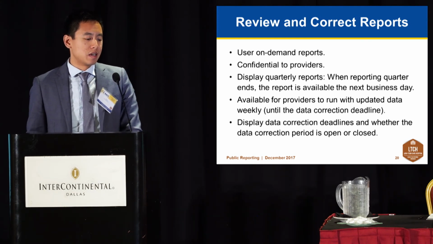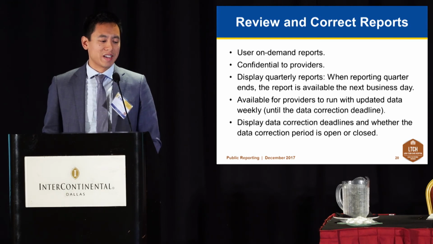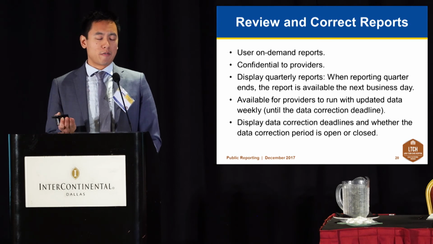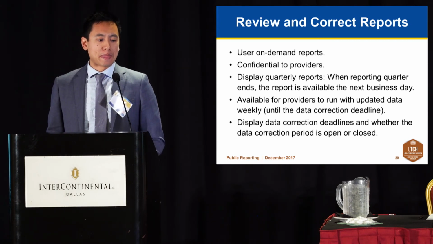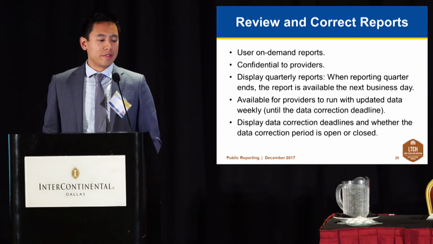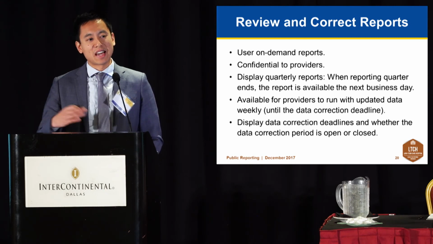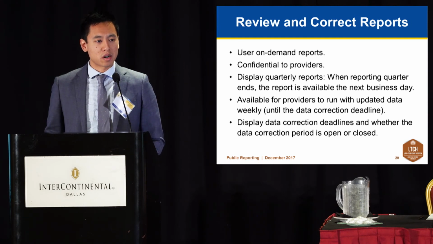They display quarterly data. When the reporting quarter ends, the report is available the next business day. For example, right now we're in quarter 4 2017, so that quarter will appear on your review and correct reports on January 1st, 2018, the day after the end of this current reporting quarter.